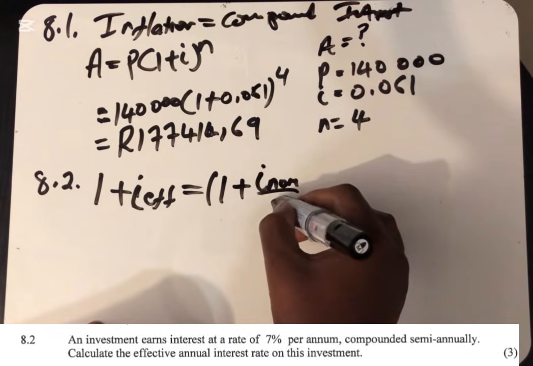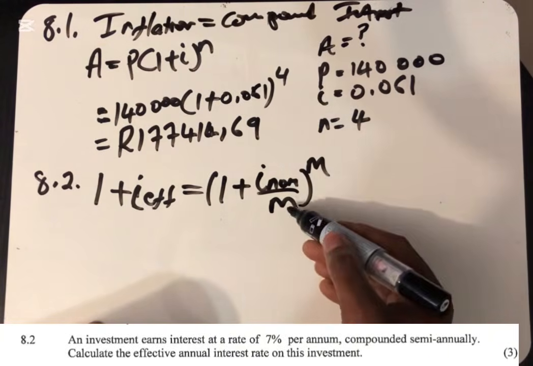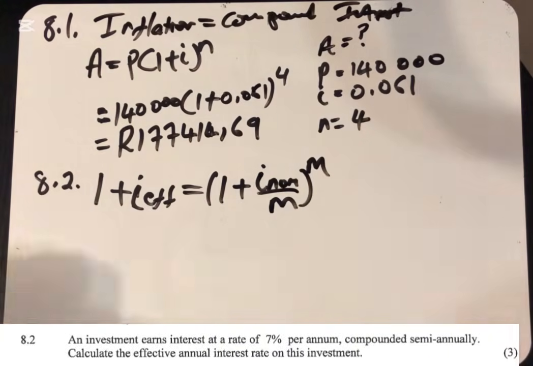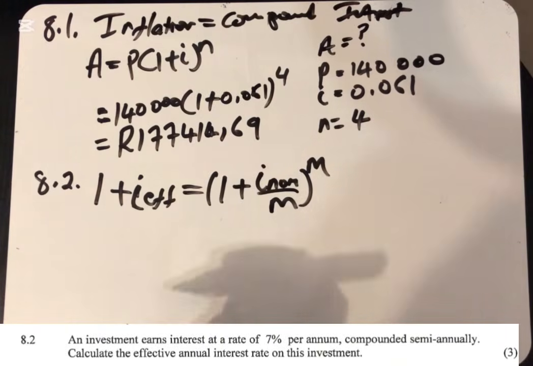nominal divided by m, to the power m. If you look, m and m are the same thing. This represents the compounding. m and m represent the compounding. So in this case, if we substitute here, we are calculating for the effective.